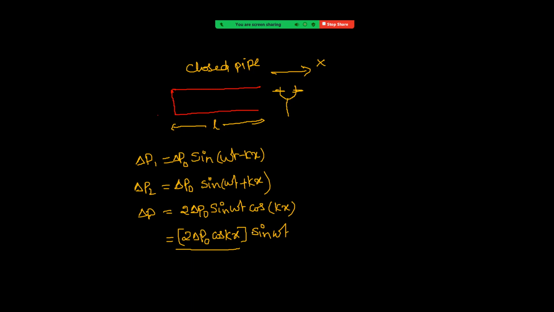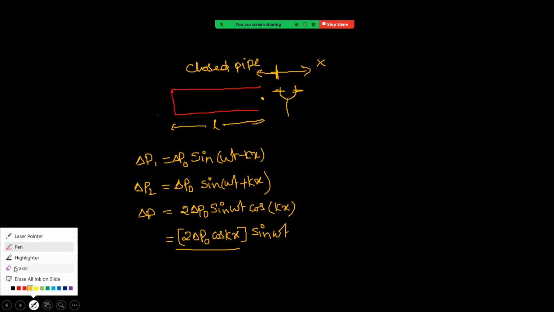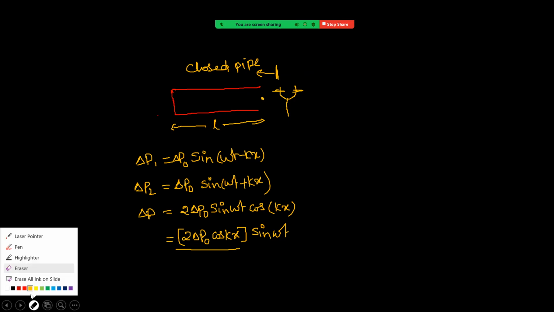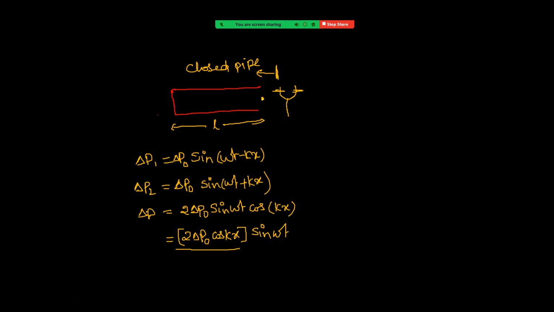For example, if you consider this open end as origin, means x equal to 0, we are taking along the pipe as a positive x axis and taking the open end as x equal to 0.